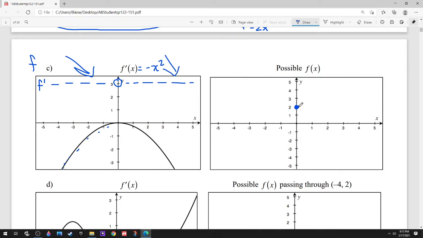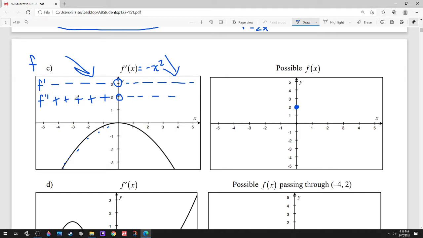We should pay attention to the concavity now too. So let's go to f double prime and see what kind of cups and frowns we need to look at. So f double prime, what's the slope of f prime? Well, we got positive slopes here, right? Positive slope, positive slope, positive slope. I have a 0 slope here, and then after it's going down. So I have negative slope, negative slope, negative slope.